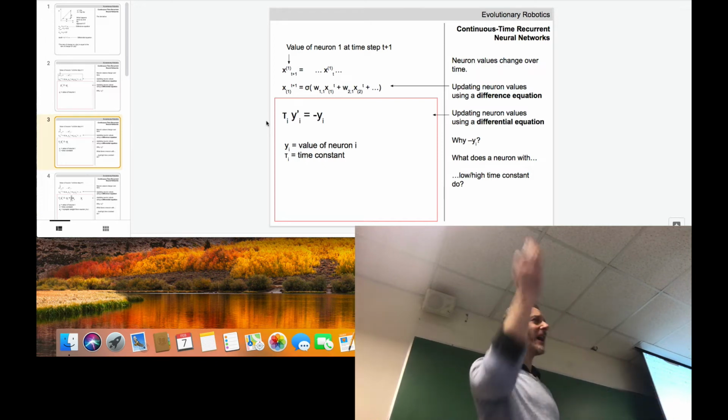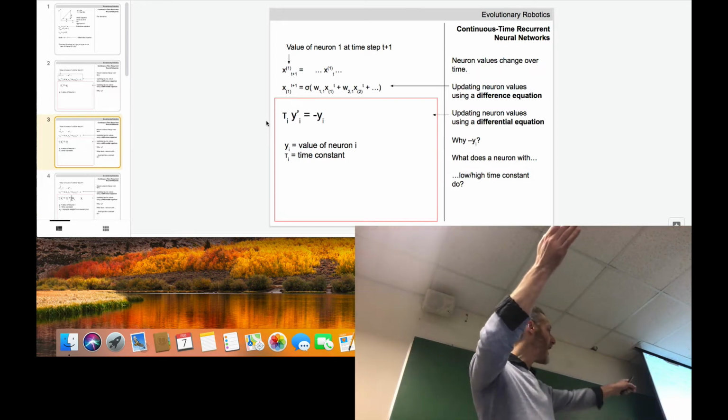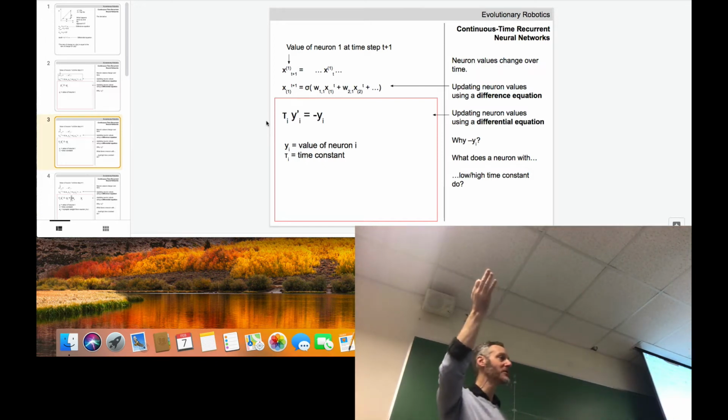If you mentally divide and put it on the other side, we're dividing minus y sub I by the denominator tau sub I, which is now a very large number. We're dividing by 1,000,000, which means the rate of decay is divided by 1,000,000, and becomes very, very slow. It'll take a very, very long time for this neuron to approach zero.